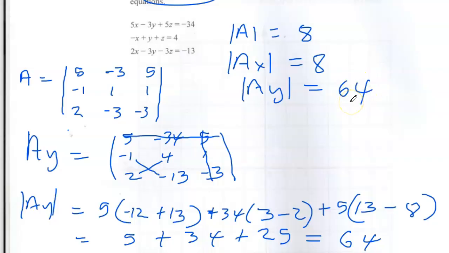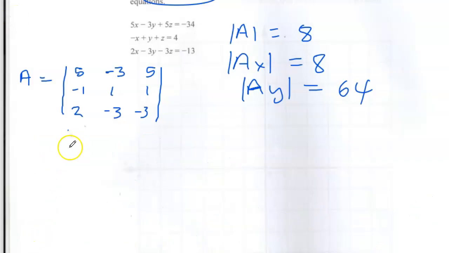So using Cramer's method, we have one more matrix to find, and that's AZ. Let's find AZ quickly. To get the matrix A subscript Z, again, we simply replace the final column with the values on the right hand side.